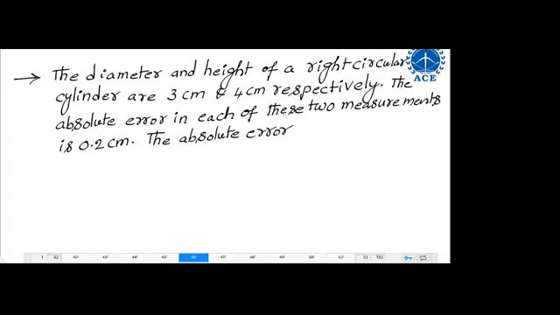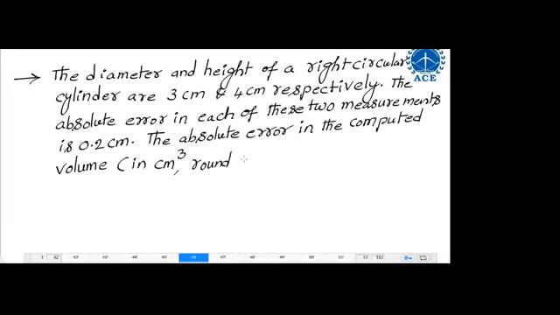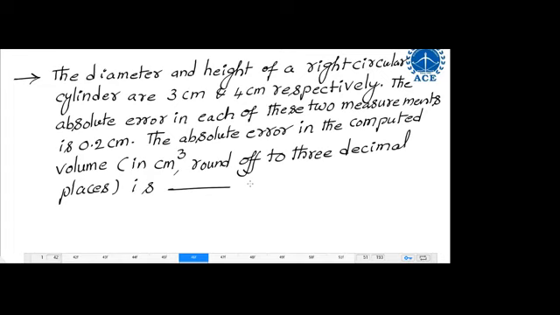The absolute error in the computed volume in centimeters cube, rounded off to 3 decimal places, is?